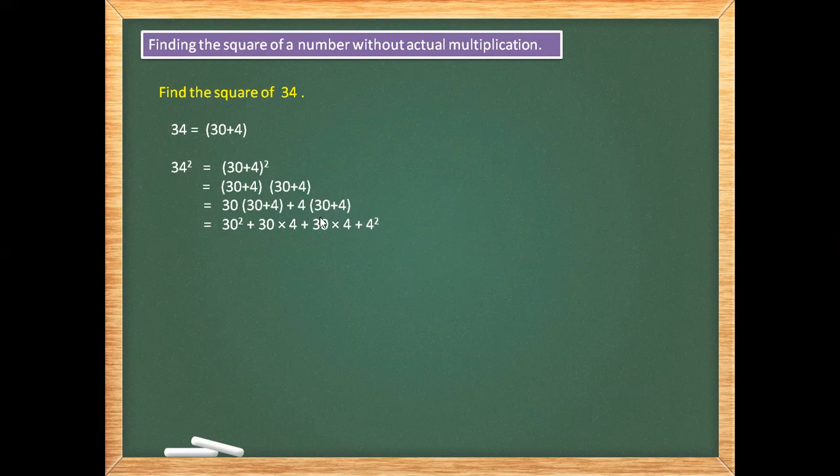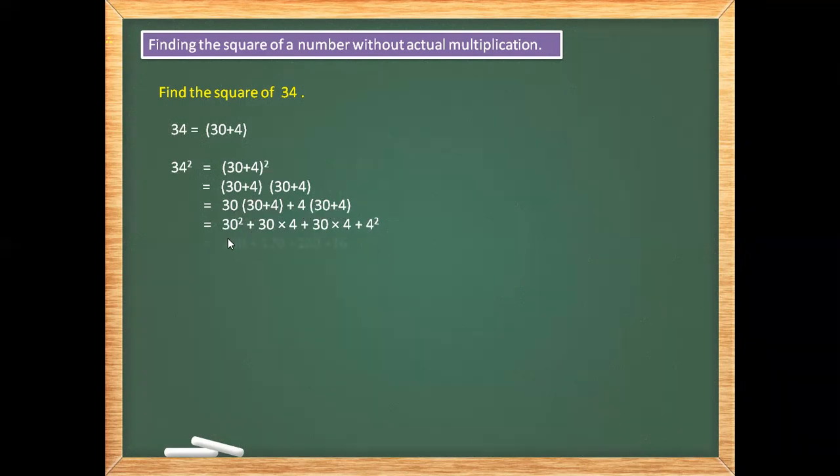Getting, children? Again I am repeating. See here, 30 into 30, 30 square. 30 into 4 is as it is. Then plus 4 into 30, that is 30 into 4 also. And plus 4 into 4, that is 4 square.